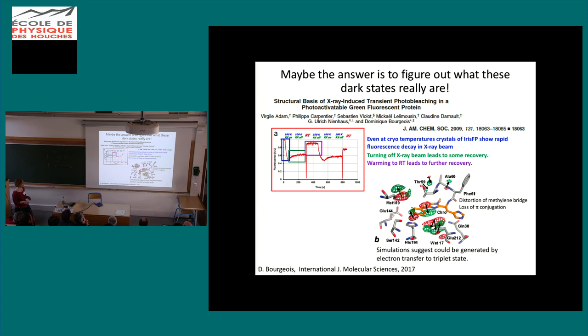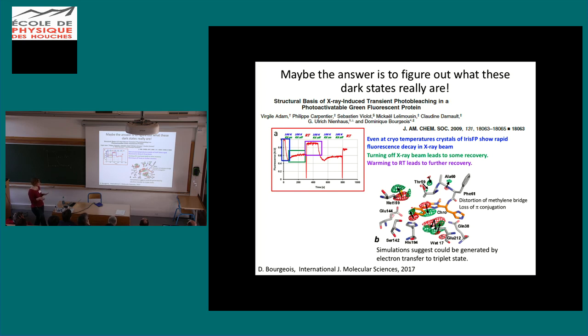So you can look at some of the changes that are actually happening in these dark states that are forming. One of the main things they saw is a distortion of the methylene bridge, which suggests that you're losing pi conjugation. If you're losing pi conjugation, then it's not going to be fluorescent, so that can explain why it was dark.